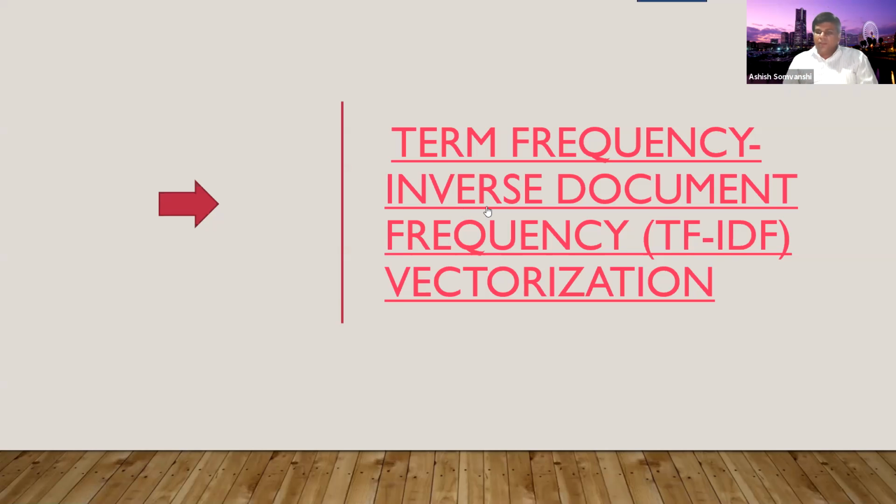If we are dealing with a whole bunch of documents, we'll see a particular pattern in the way the term frequency and the inverse document frequency are related to each other. If a token occurs more frequently in a document, the term frequency will increase, which is natural.